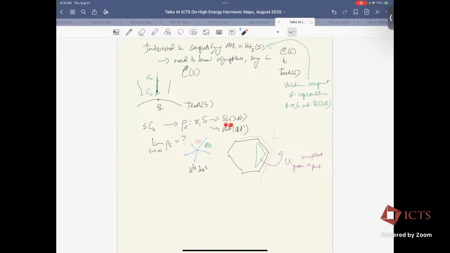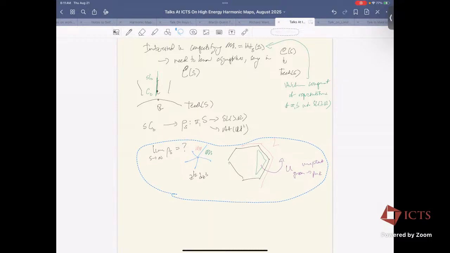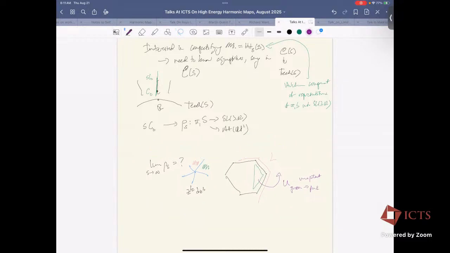If you like, this representation will take an element of pi 1 of S, and it will associate to that element some matrix in SL3R, and actually a family of matrices, one for each S.